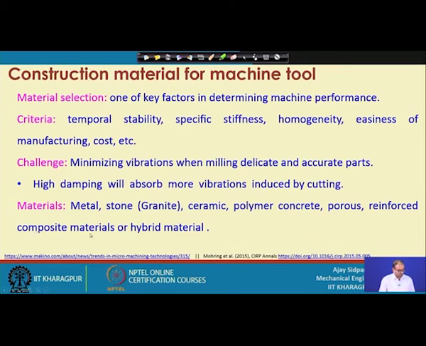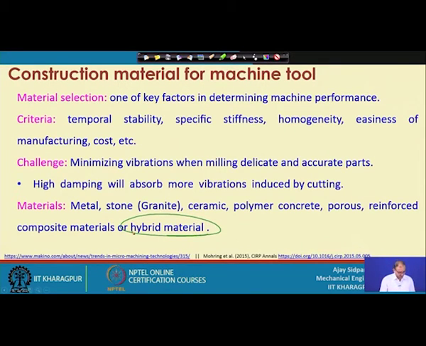And composite material means it is not a single material, but you are mixing two different materials, maybe two polymers or different types of metal matrix composite, to reduce the weight and increase the total strength. In some cases people go with a hybrid material, that means you mix two different materials to get the advantage of properties from both.